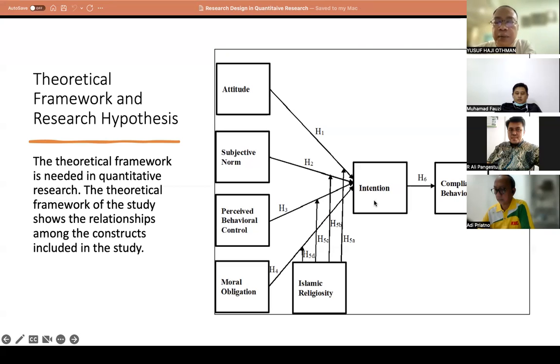Intention is the mediating variable, and compliance behavior is the dependent variable. So there are 4 independent variables, IVs: attitude, subjective norm, perceived behavioral control, and moral obligation. One mediating variable, intention; the dependent variable is compliance behavior; and the moderating variable is Islamic religiosity.